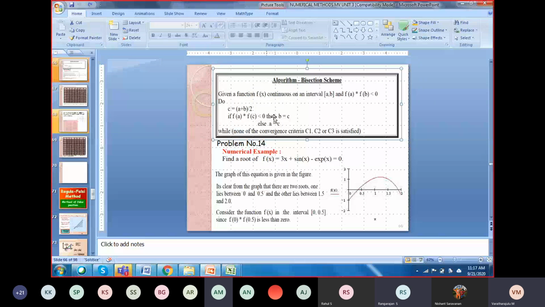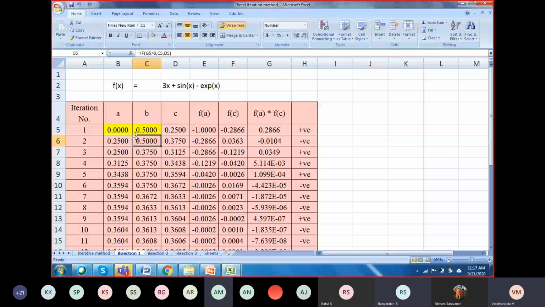This is where we need to take the inputs, and here C becomes a new value and B is as it is. Therefore, C has to be taken by averaging these two.